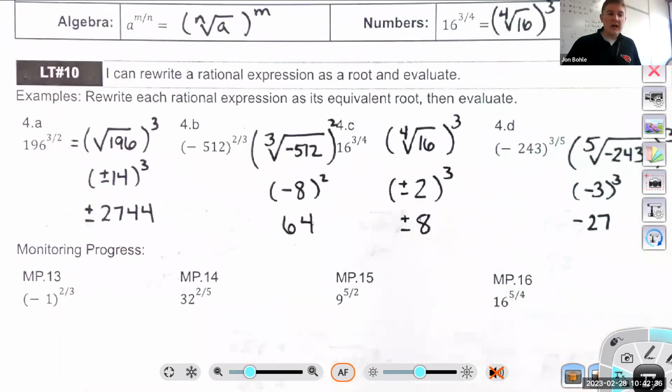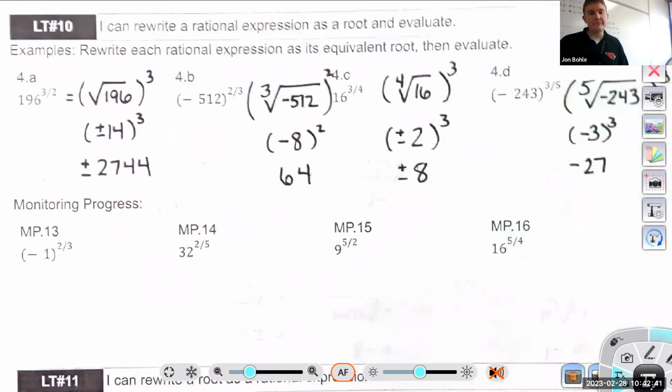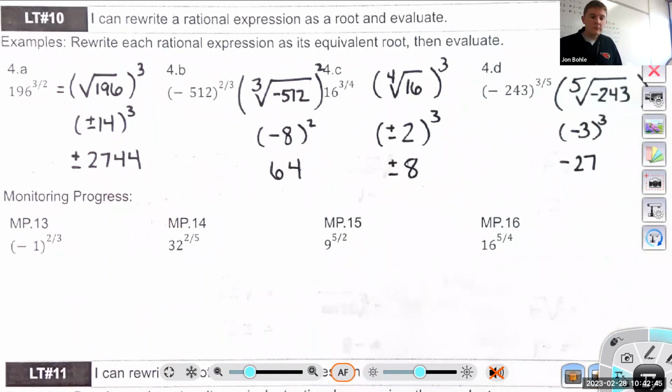Okay. All right. Let's try 13 through 16. So I'm going to do that right now.